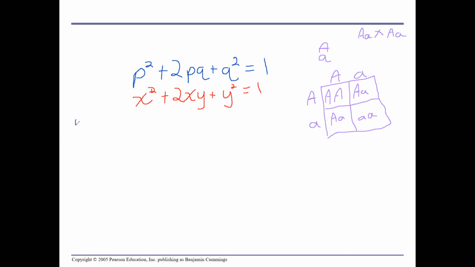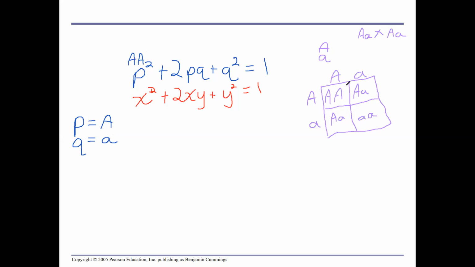If we say that P is our dominant allele, and we say that Q is our recessive allele, two big A's would be A squared, right?